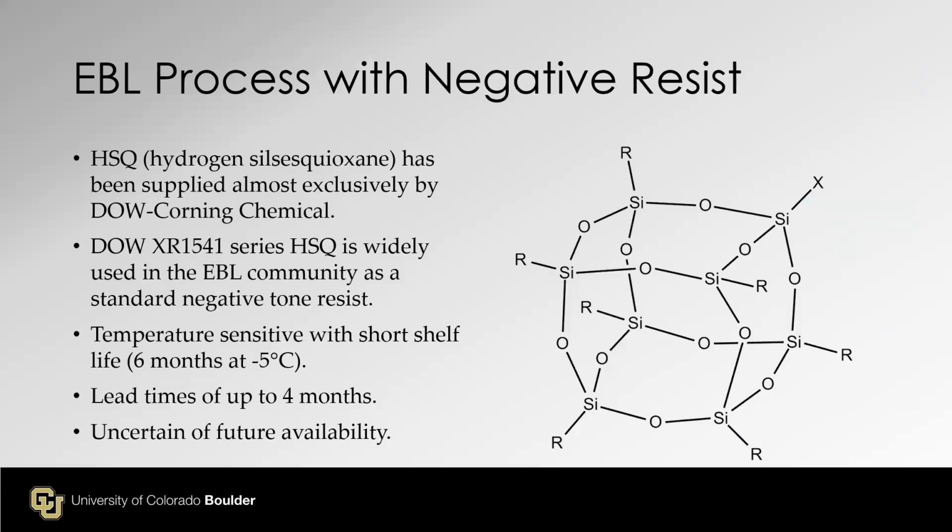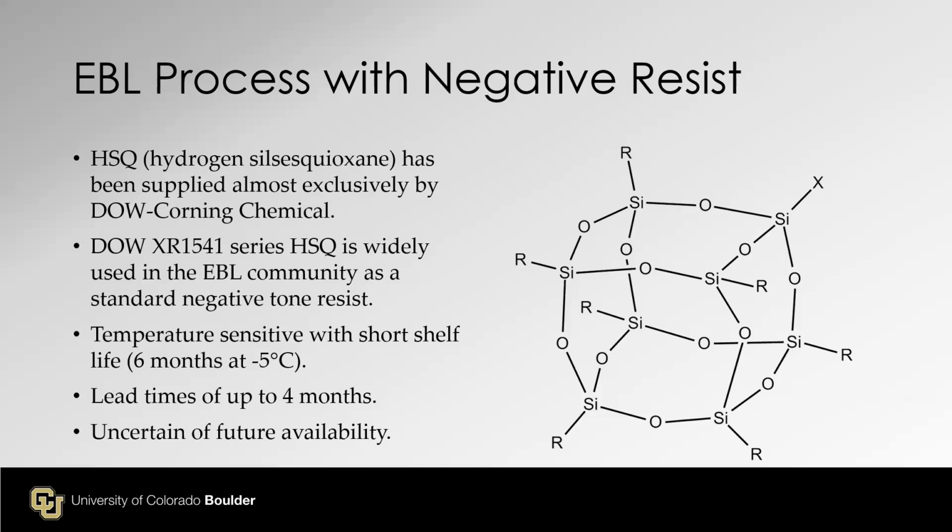Okay, negative resist, HSQ. I can pronounce hydrogen, but I cannot pronounce the word that starts with S after hydrogen. Okay, HSQ is the most famous negative resist. And historically, it's supplied by Dow Corning.